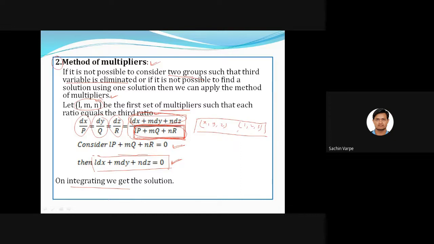So what is the main thing here in this method of multiplier? To get the correct set of multipliers l, m, n. That is our choice, such that lp plus mq plus nr must be 0.